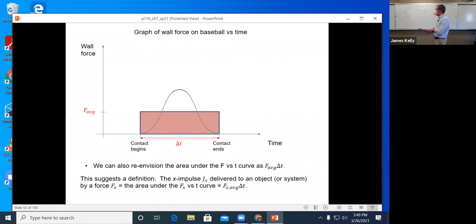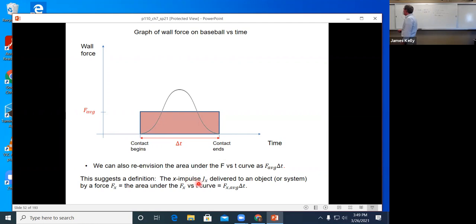And so we're going to make a definition associated with that. Here I'm imagining that this force is only along the x direction and all the motion was just along x. We're going to call the x component of the impulse Jx. I don't know why J stands for impulse, but we're running out of symbols at some point, so J probably wasn't used.